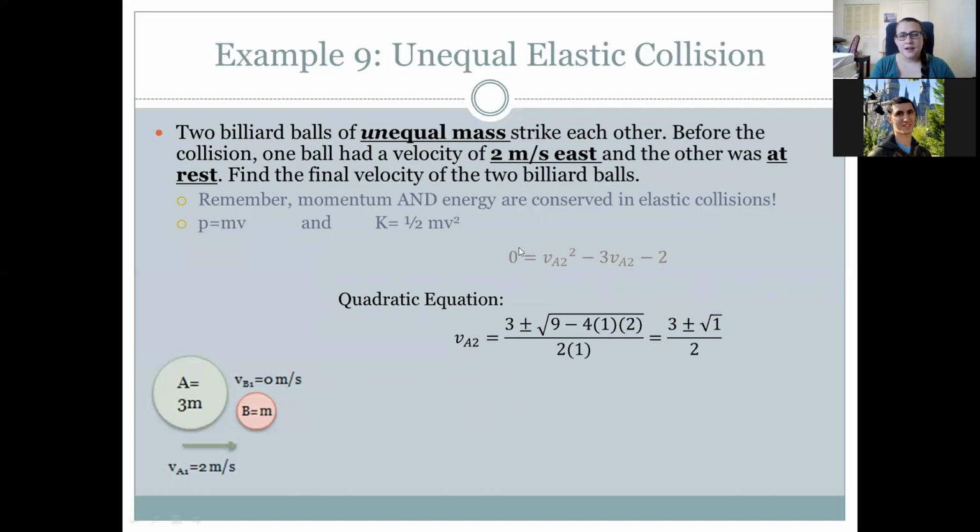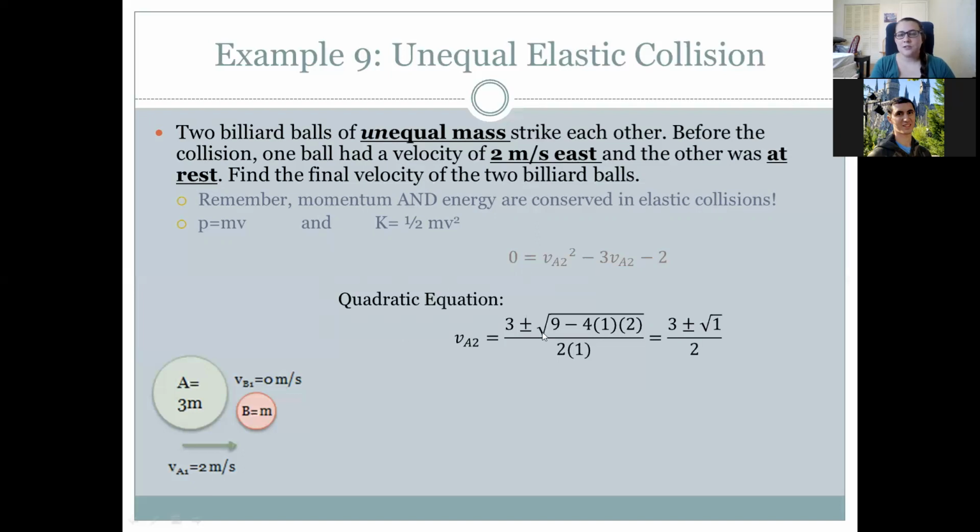So when we plug in our things, remember the coefficient of the squared term is what we call a. The coefficient of the not squared term is what we call b, and the coefficient of the constant is what we call c.